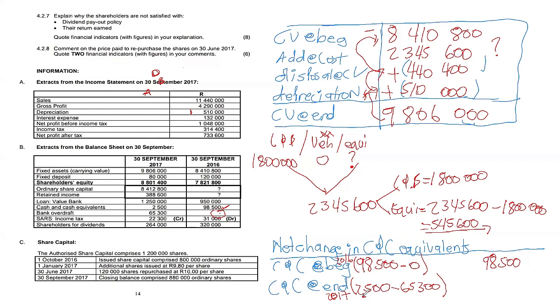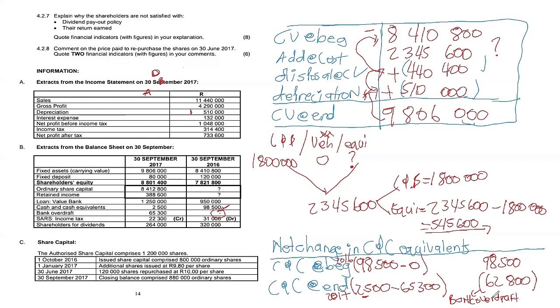You had a balance of 2,500, and then you decided to do an overdraft of 65,300. That means now you will have a negative balance of 62,800. So this 62,800, it is what? It is your bank overdraft.